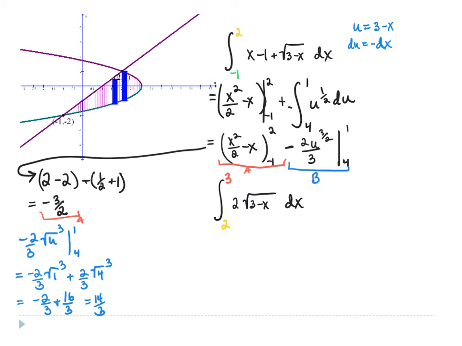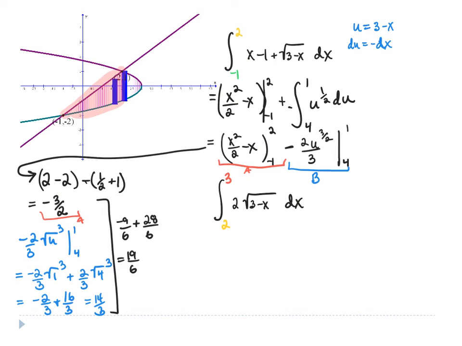And then I just need to combine those two answers together. So -9/6 plus 28/6 is 19/6. So 19/6 is the first part when I've split this up into two different regions.